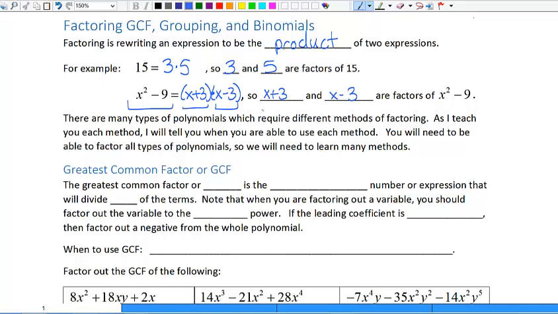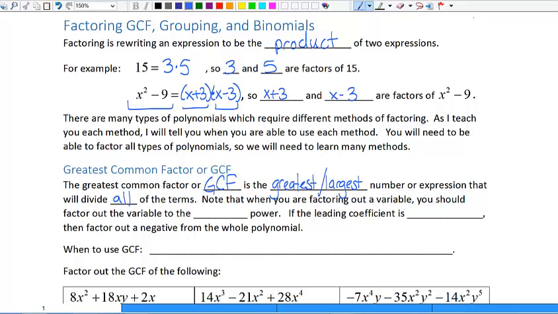Our first method that we're going to talk about today is greatest common factor, or for short we call it GCF. So the greatest common factor, or GCF, is the largest or greatest number or expression that will divide all of the terms.